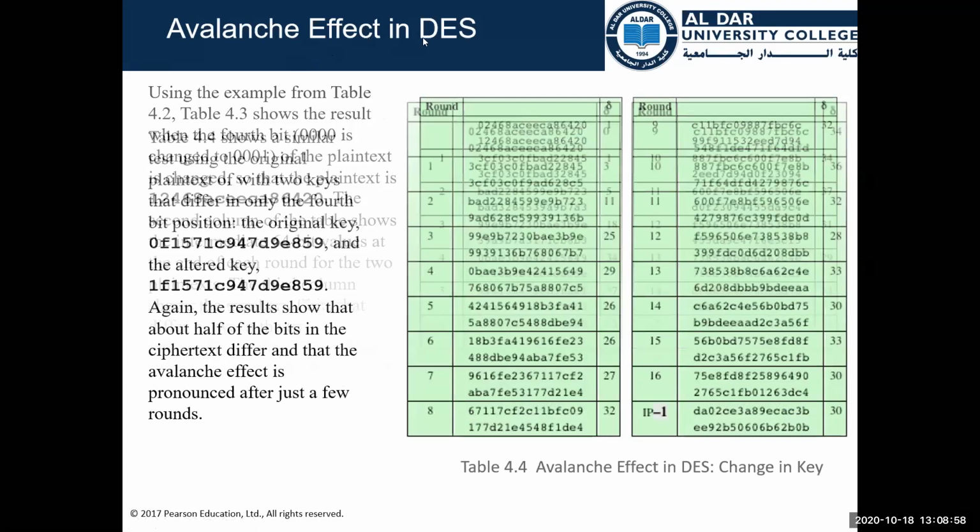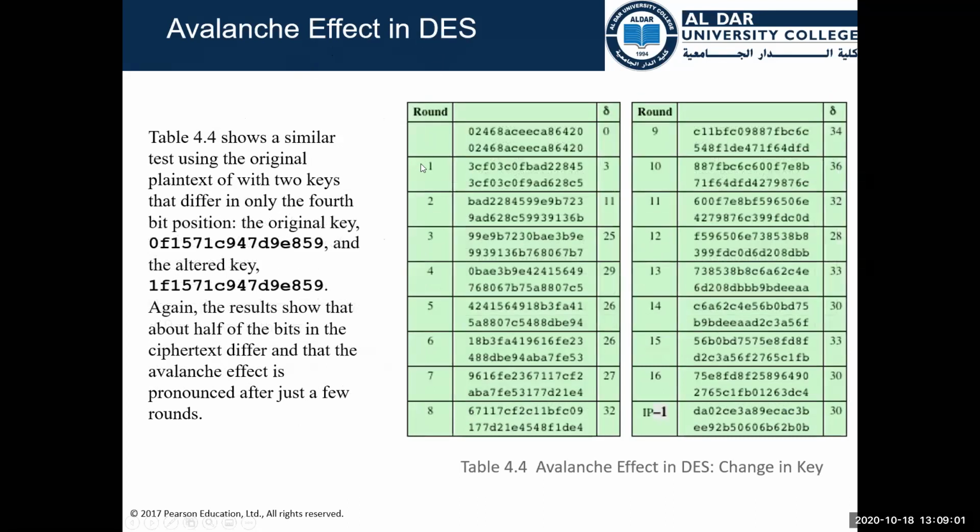What about the avalanche effect, but for the key? If we change the key, just a little change in the key, we have here the original key, and here the key after changing just one bit. Actually this is not zero, it is 0, 0, 0, 0, four zeros, because this is hexadecimal.